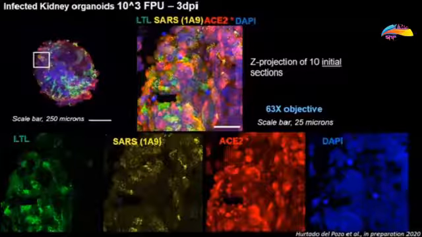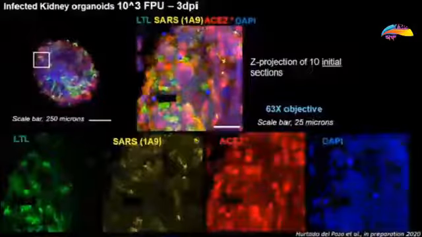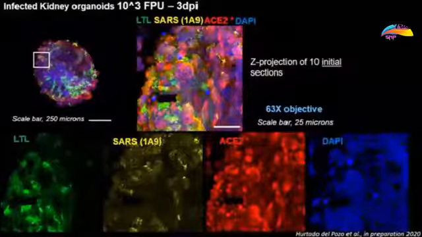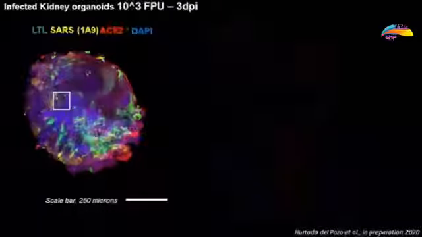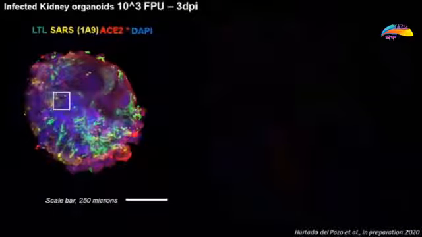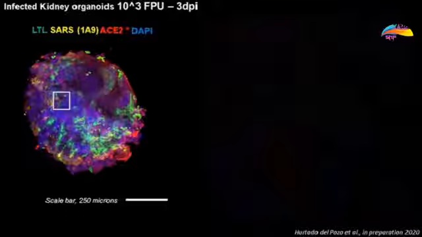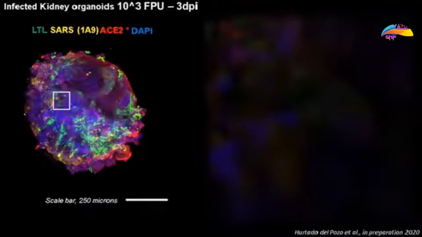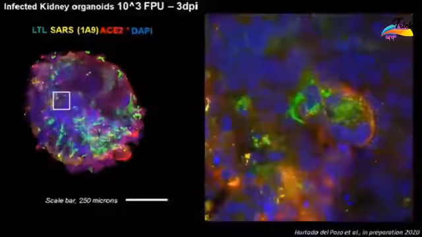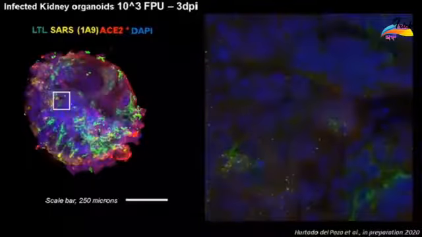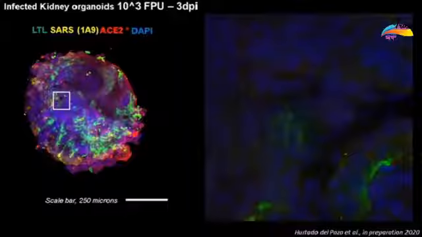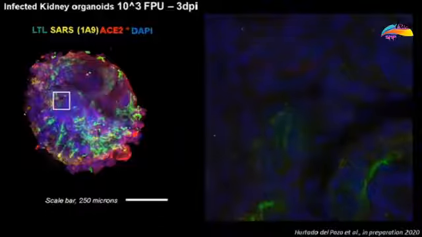Our images here show that kidney cells, specifically cells of proximal tubular cell phase, harbor SARS viral particles. This is just another representation of the same organoid, another section of the same sample, in which we can also ascertain the detection of SARS in LTL positive and ACE2 positive cells.